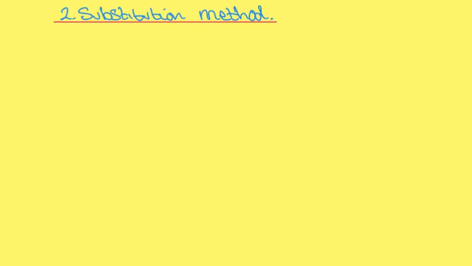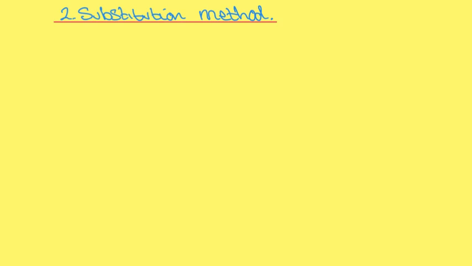Method 2, the substitution method. Again, we're going to solve the simultaneous equations y minus 3x equals minus 1 and x plus y equals 3. I've named y minus 3x equals minus 1 as equation 1 and x plus y equals 3 as equation 2. In the substitution method, you're going to substitute for one of your variables into one of your equations.